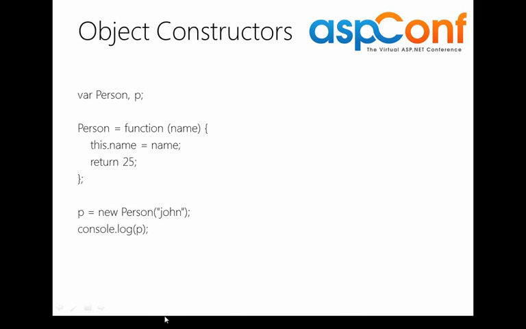Now, you can see that the function Person is assigning this.name to name, but it returns 25. So you might assume that console.log p would log 25. That actually logs the Person object with name equals John. It does not return 25. Or rather, the value of p is not 25. It's an object that has a property called name, which is assigned to John.